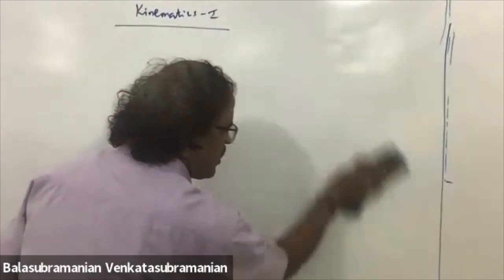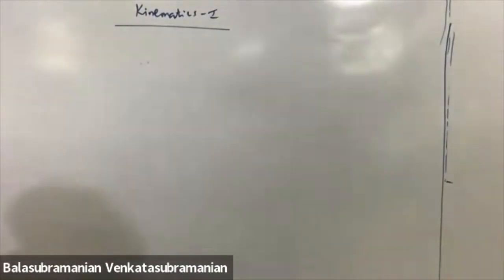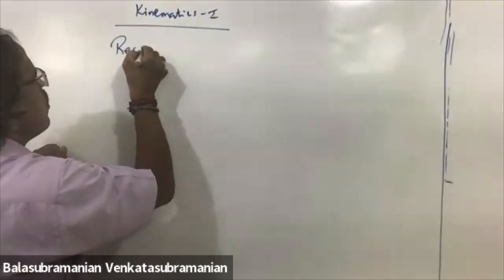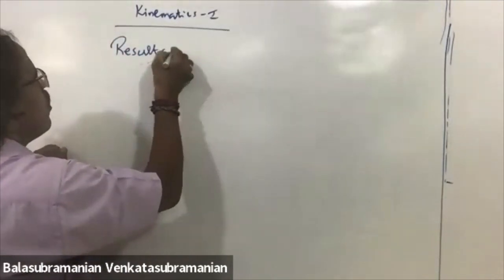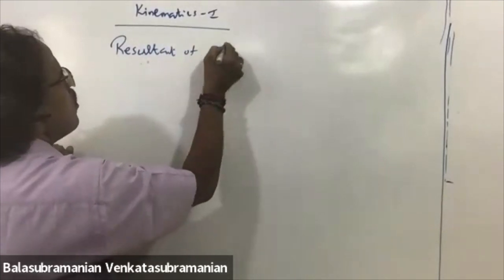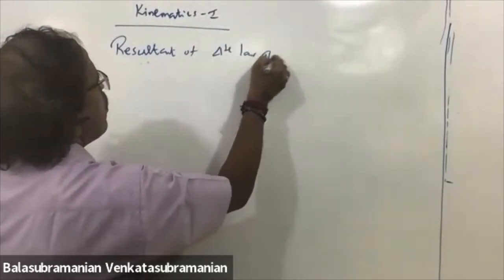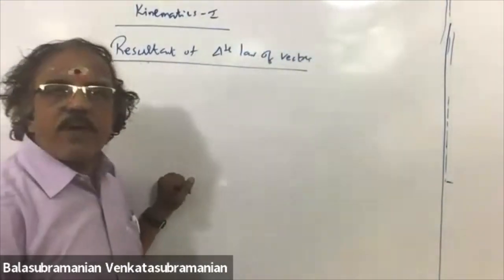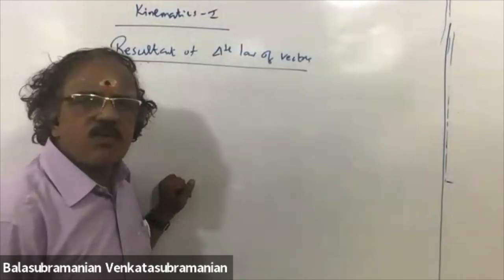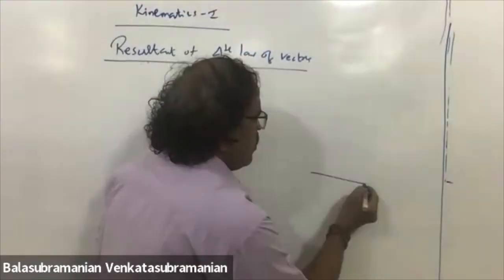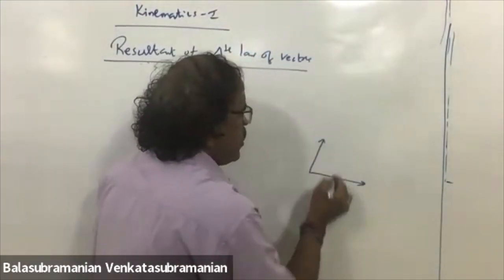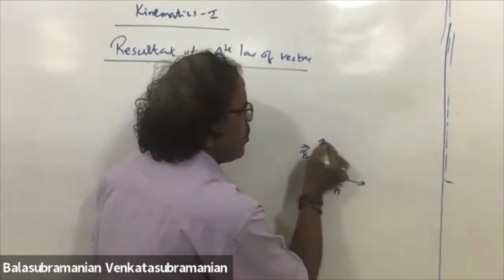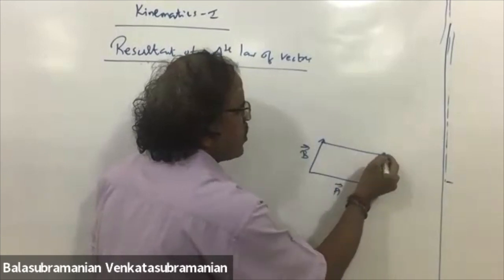Resultant of the triangle law of vectors, or resultant of a parallelogram. Also, what is called a parallelogram? You have taken two vectors A and B. Parallel to A, parallel to B, you draw.